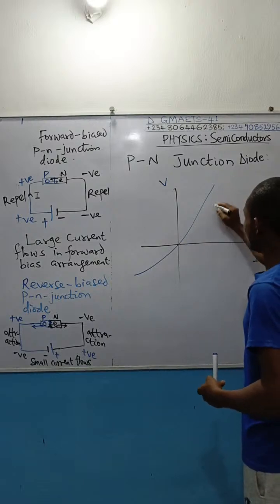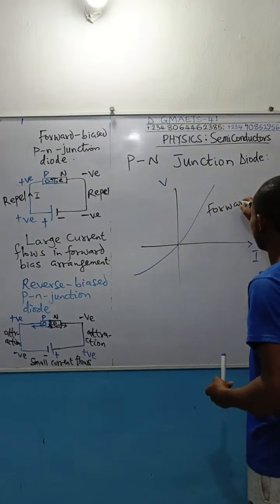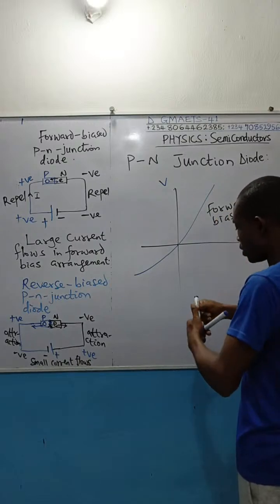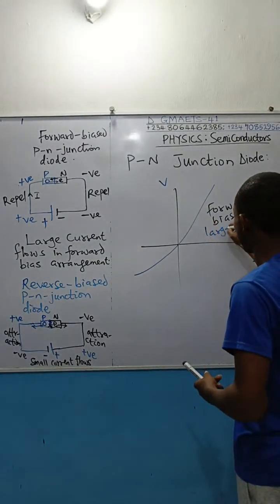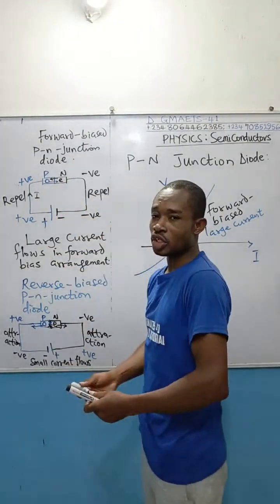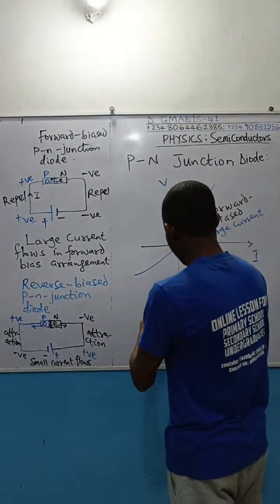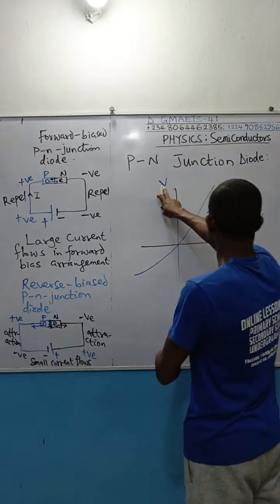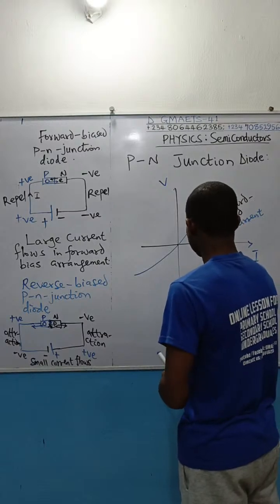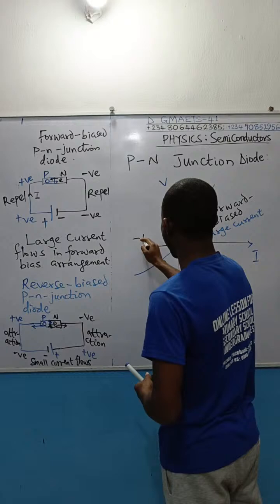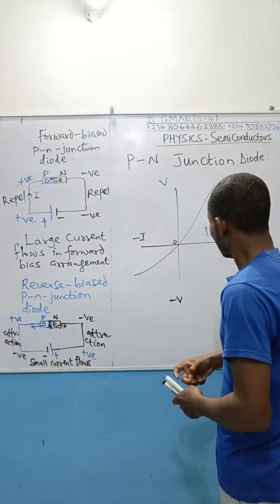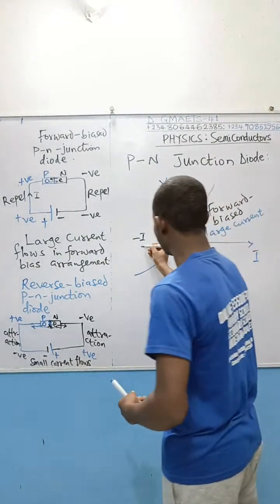From the origin, you go this way, forward biased. And like we said, you have large current flowing here, because charges will be crossing that junction. Then this side you have the negative. You know, these are positive voltage, positive currents. Here is negative voltage, negative V, and then negative I. The negative part. This is the origin 0. This is reverse bias arrangement.